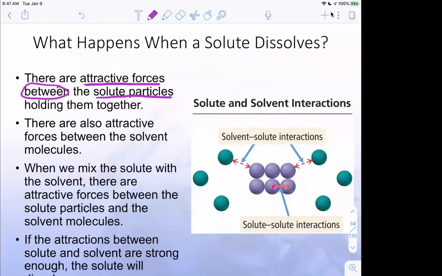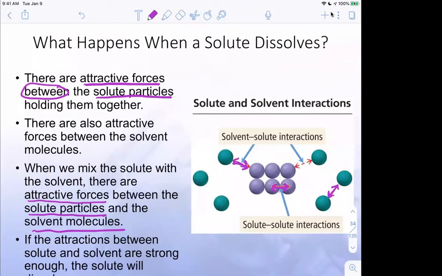There are also attractive forces between the solvent molecules. When we mix the solute with the solvent, I start forming attractive forces between the solute particles and the solvent molecules.